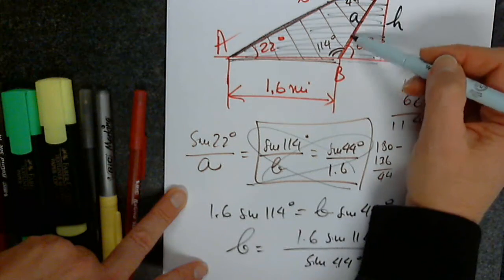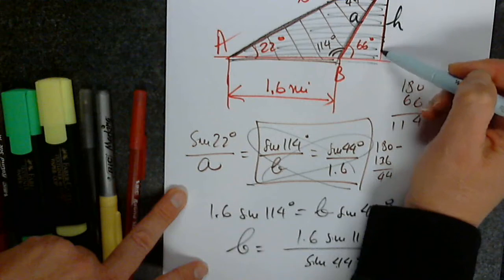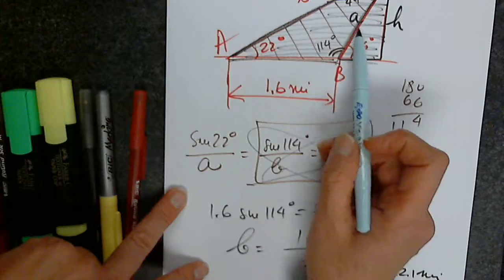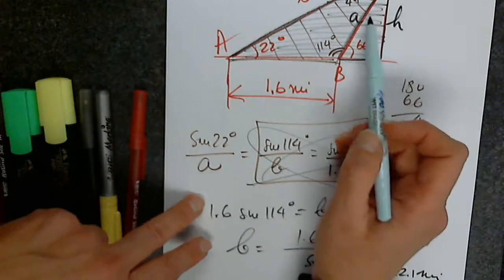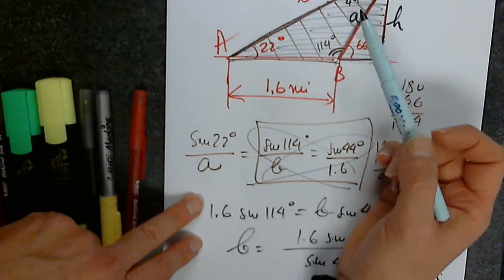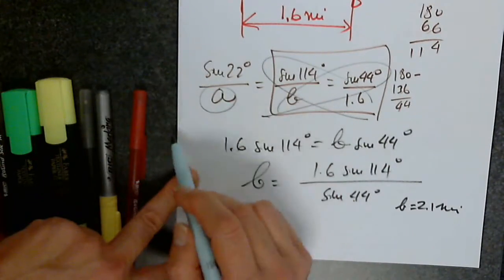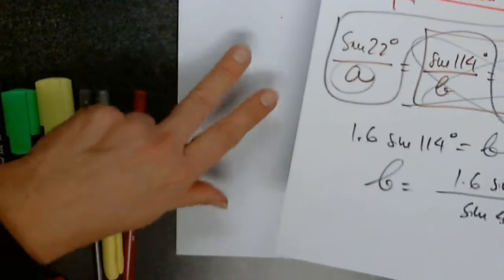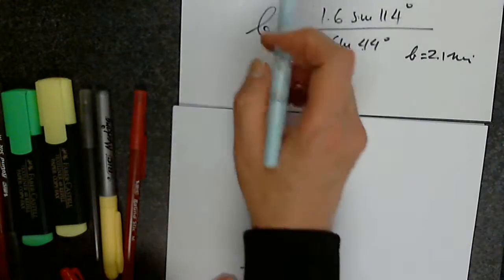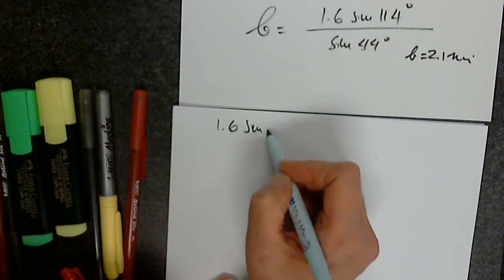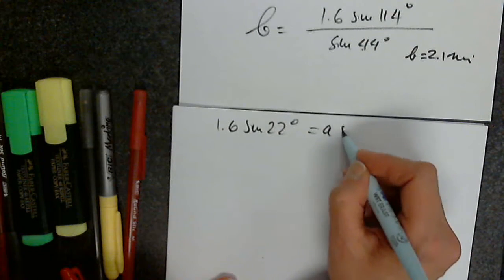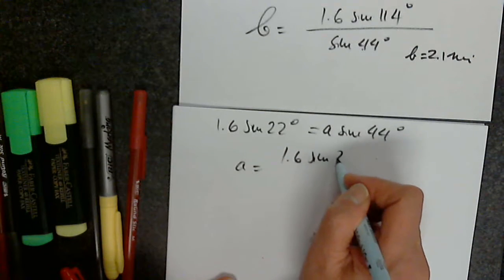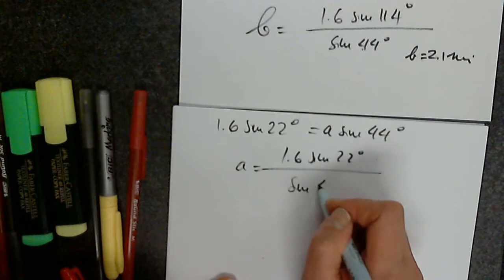So I go back to the same triangle, which is the best thing to do, not to complicate things, and just find A. So 1.6 times sine 22 degrees equals A times sine 44 degrees, and A equals 1.6 sine 22 degrees over sine 44.